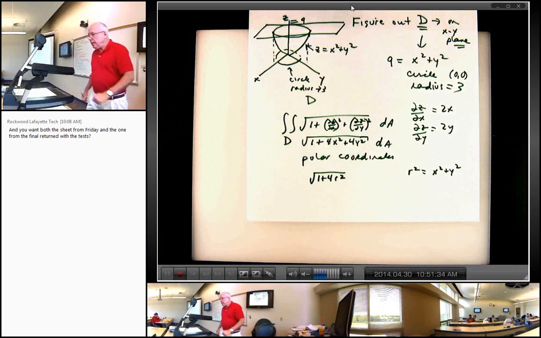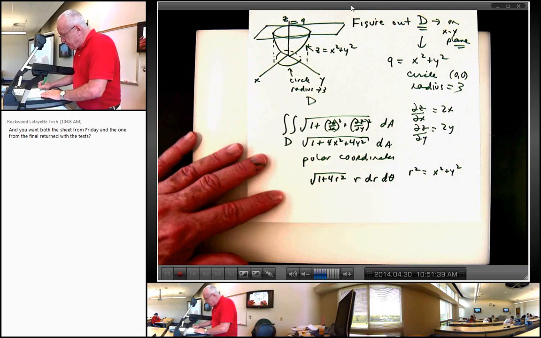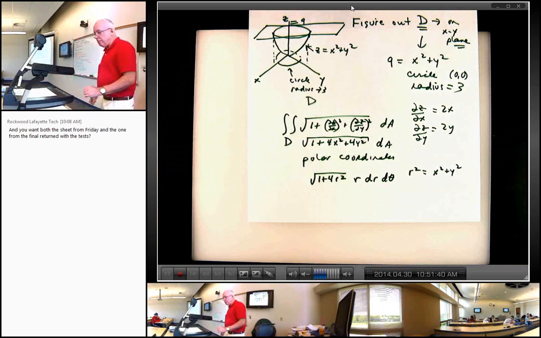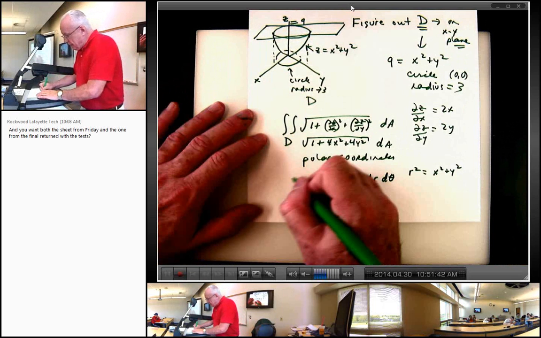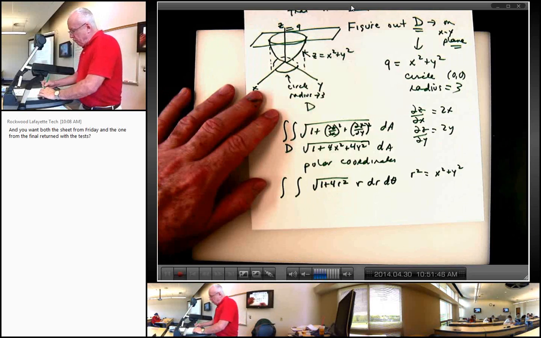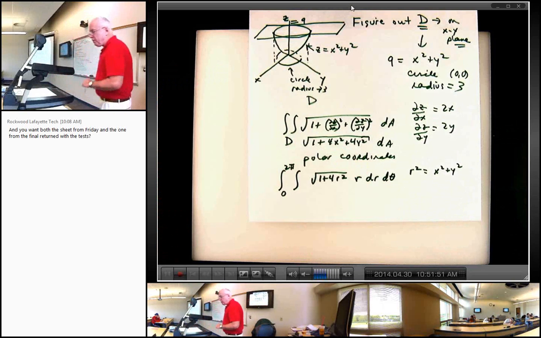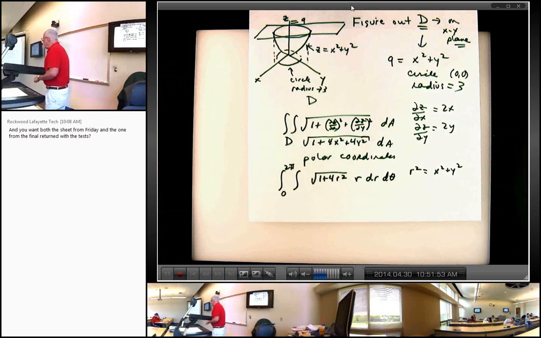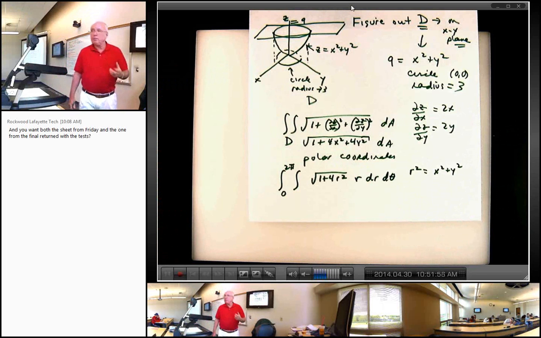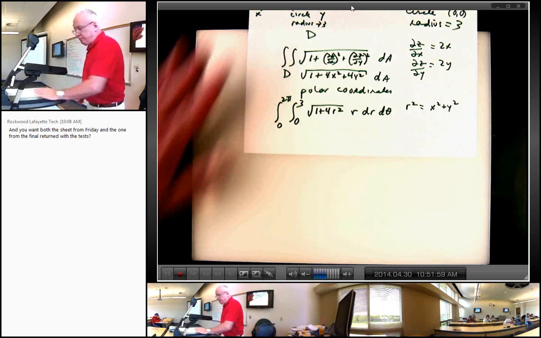And of course we have our r dr d theta that we've got to tack on. Then let's figure out our bounds. For starters, this goes all the way around, so d theta is going from 0 to 2 pi. And r here, this is a circle of radius 3, so r goes from 0 to 3.